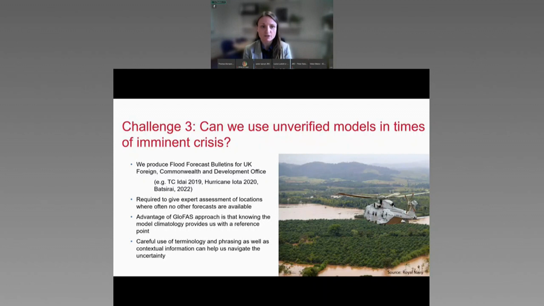So there really is an advantage to the GloFAS approach, because when we know the model climatology, it provides us with a reference point to be able to give some kind of assessment of what the likely flooding will be. And we've designed procedures and protocols with a careful use of terminology and phrasing so that we can navigate that uncertainty. And also, I'd say that the contextual information is really important as well.